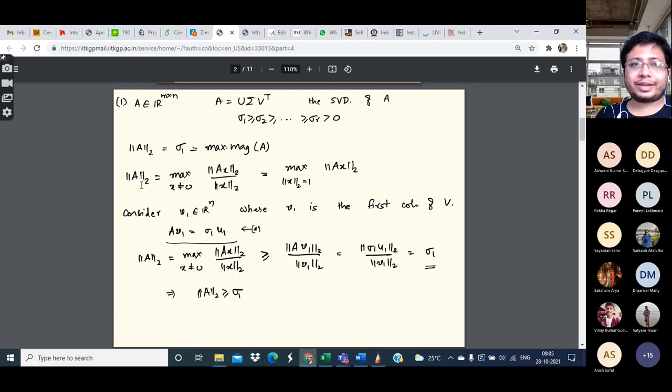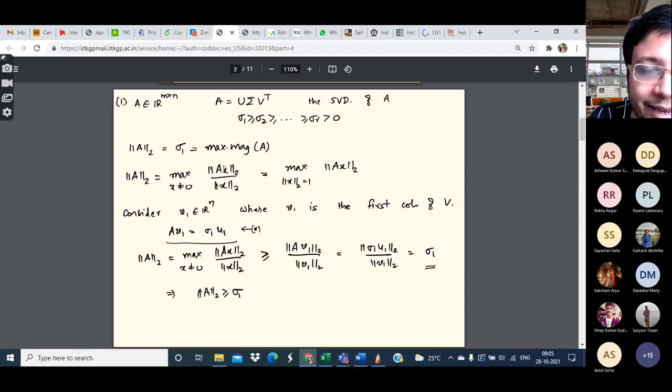But in case of a matrix, it denotes the 2 norm or the operator norm, which is defined in this way. That is, over all vectors x, the maximum possible value of the L2 norm of Ax divided by the L2 norm of x.